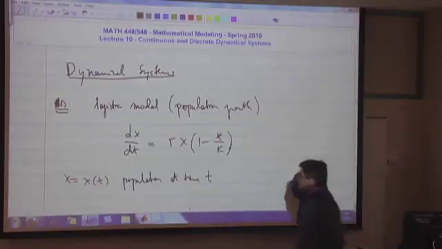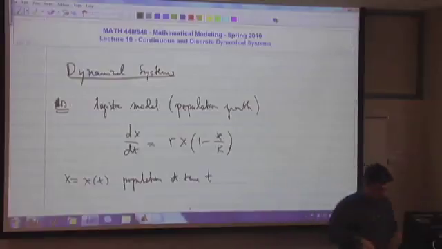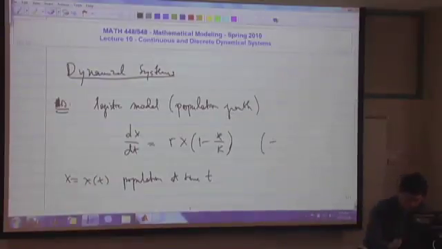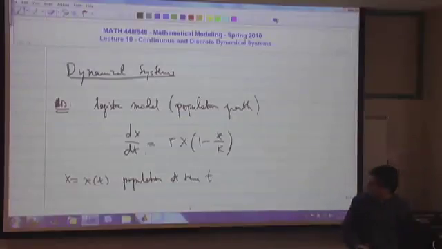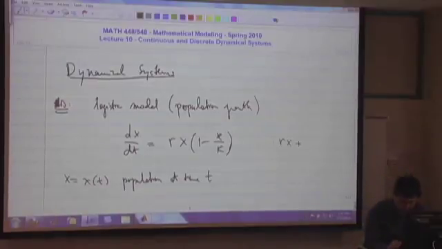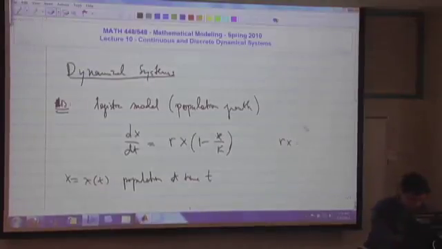Then, the growth rate of the population has this expression: Rx minus R over K x squared, right?